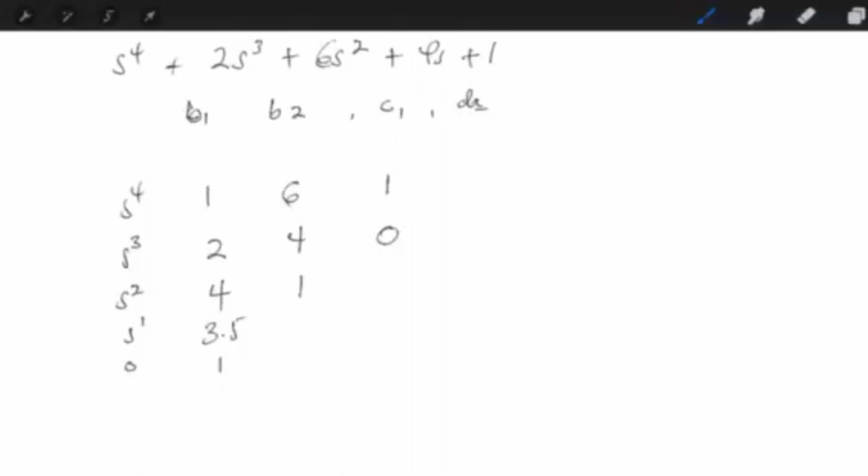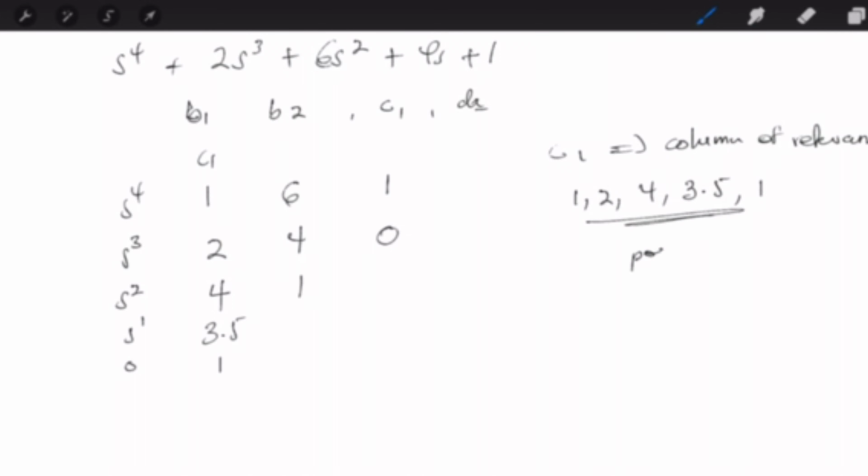Looking at column 1, column 1 being the column of relevance, column 1 has values 1, 2, 4, 3.5, and 1. All these values are positive.